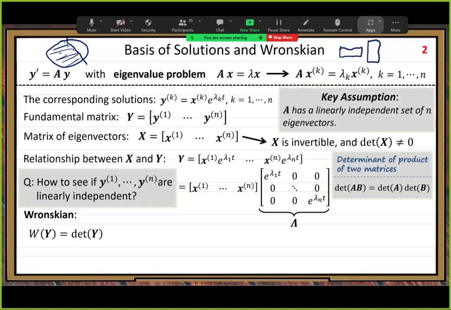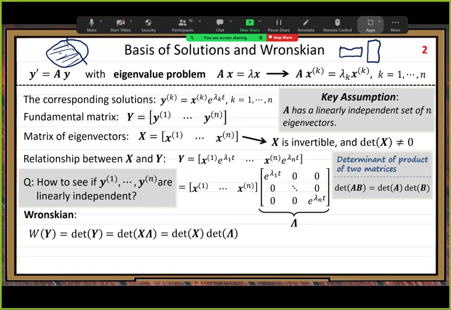Now we apply this property formula. The determinant of Y, where Y equals X times lambda, splits into the product of two determinants. The determinant of lambda is easy to calculate, right? For a diagonal matrix, you just multiply all the diagonal entries.